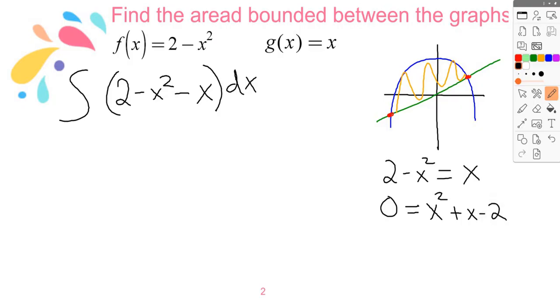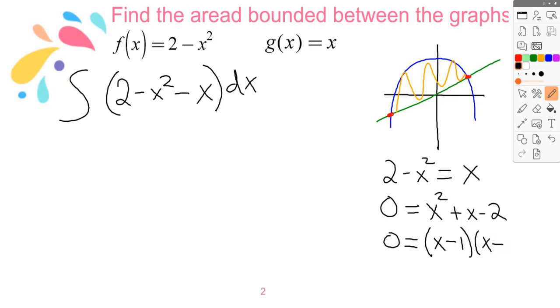So I'm going to move everything to one side, and then we would factor it. What multiplies together to give me -2 and adds together to give me +1? -1 and 1? No. -2 and -1? No. -1 and +2. There you go.